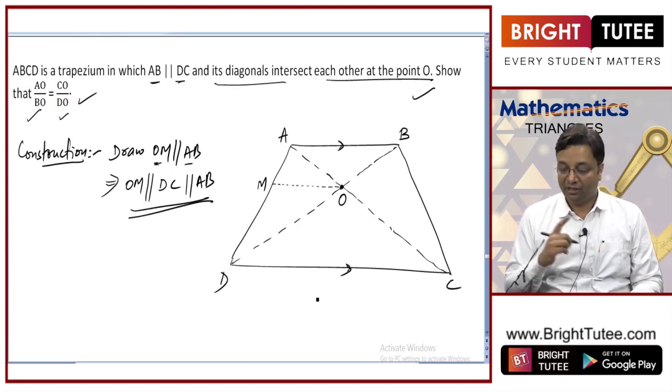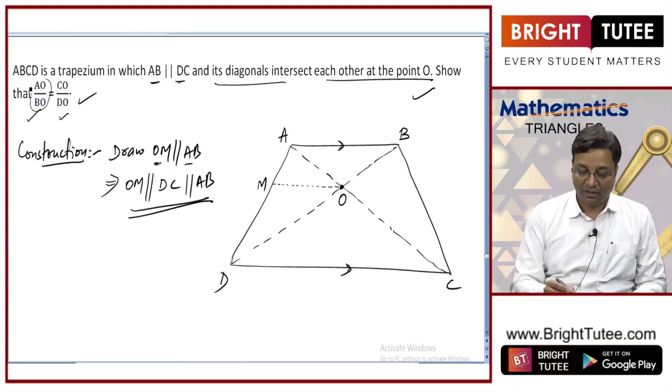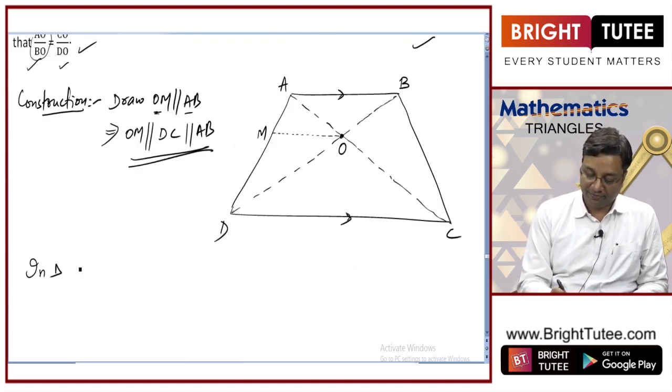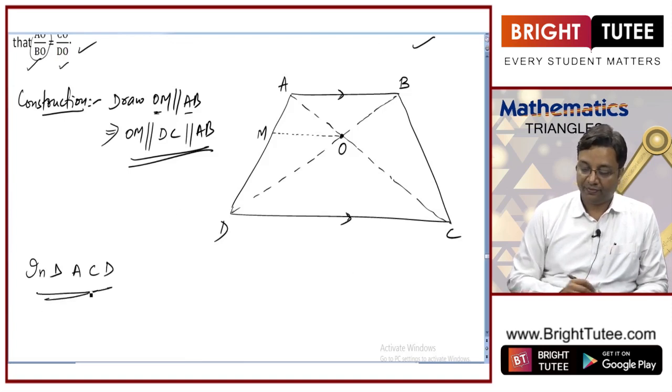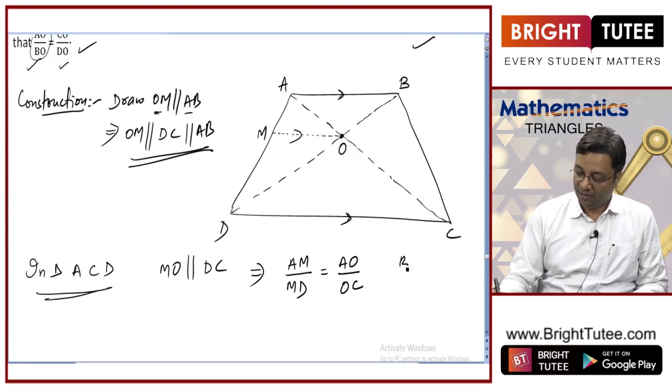Now I will use basic proportionality theorem, and keep in mind that we need to find this ratio AO by BO, right. Now in triangle ACD, MO is parallel to DC, which will give me the result AM by MD is equal to AO by OC by BPT.